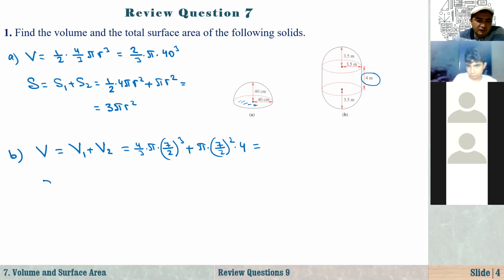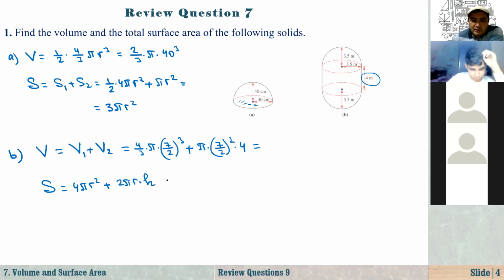And how about the surface area? Again, we have the hemisphere and the hemisphere together is a sphere. That is 4 pi r squared. Plus, how about just the lateral surface area of the cylinder, right? Because the internal part is inside, so it's not the surface. So that is, what is it? The length is 2 pi r, and height.